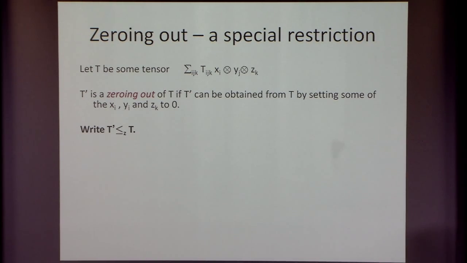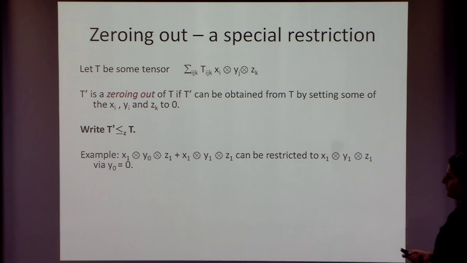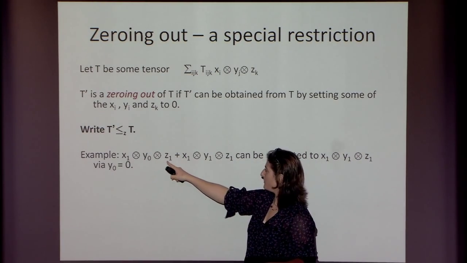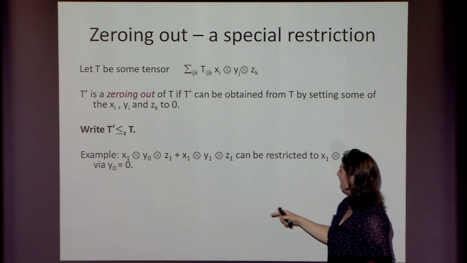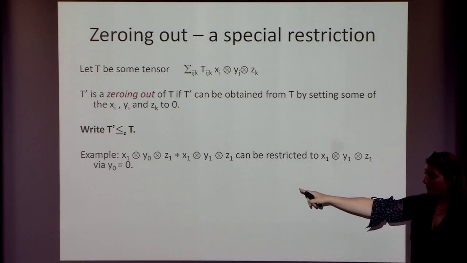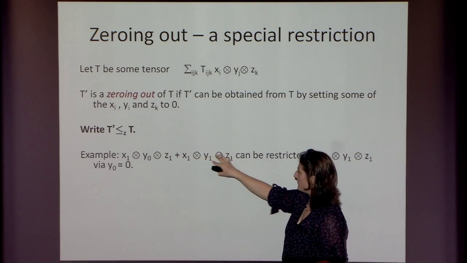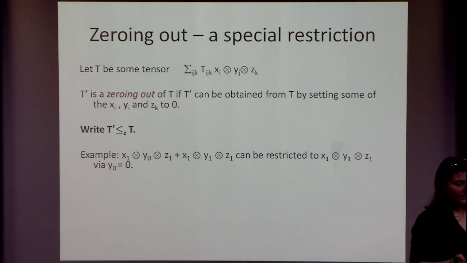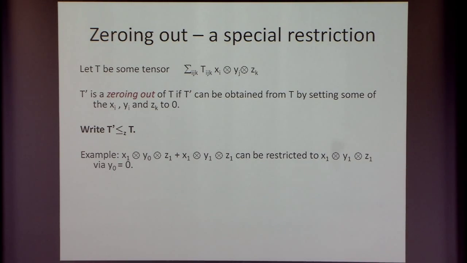So here's an example. Let's say I have this one, x1, y0, z1, x1, y1, z1. Then if I set y0 to 0, I will restrict only to this term. This type of restriction is pretty simple to argue about. It's very combinatorial, and it's much easier to obtain algorithms from it.